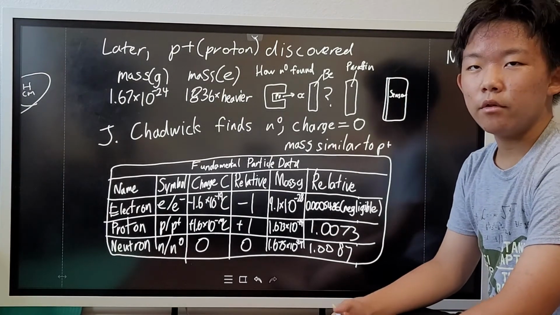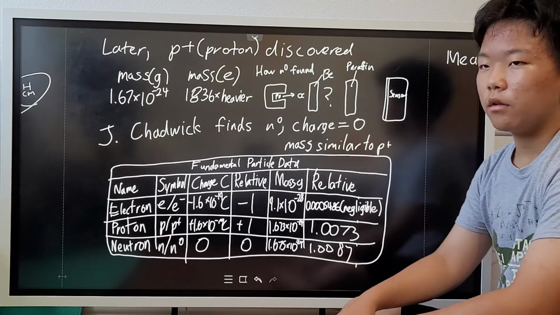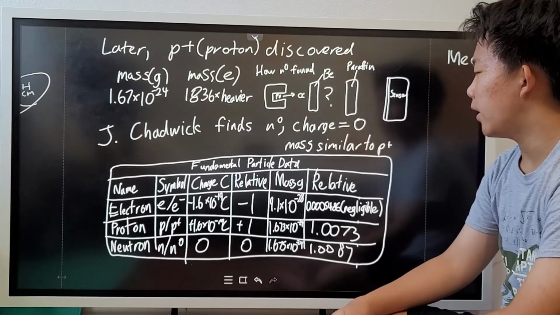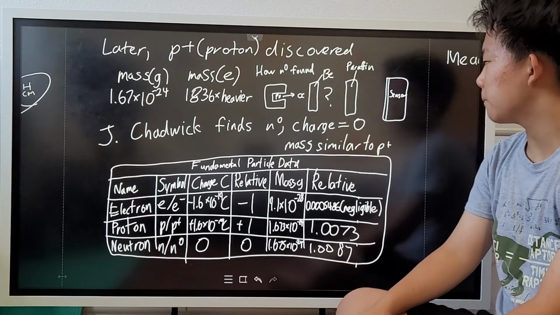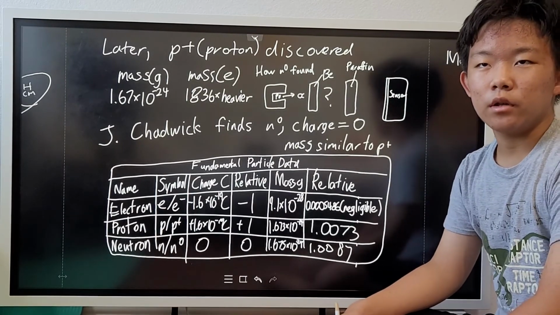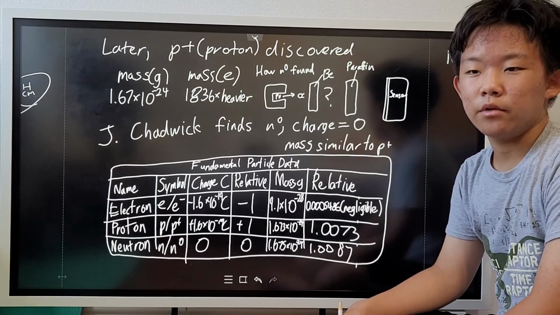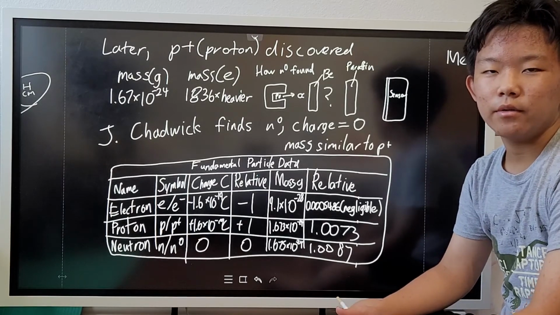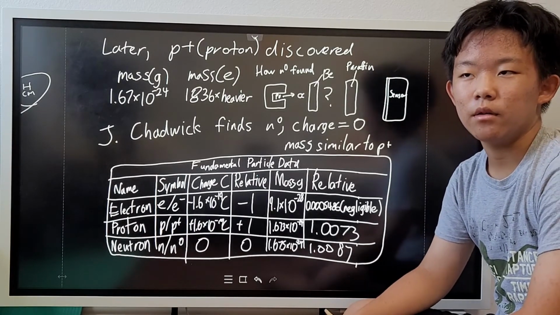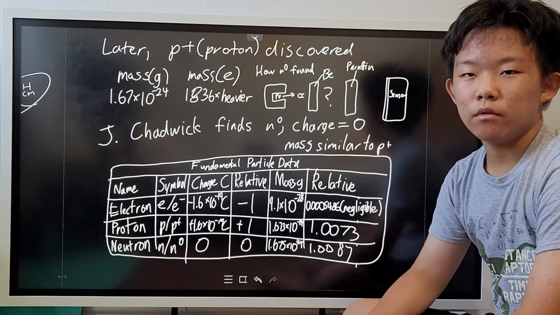Also, a few years later, James Chadwick found the neutron, the third of the three fundamental particles. Unlike the proton and the electron, which are both charged, the neutron bears no charge, which explains the name neutron, which derives from neutral.